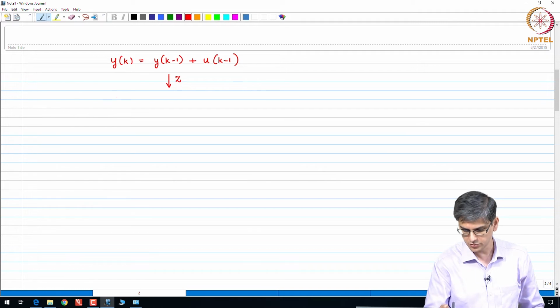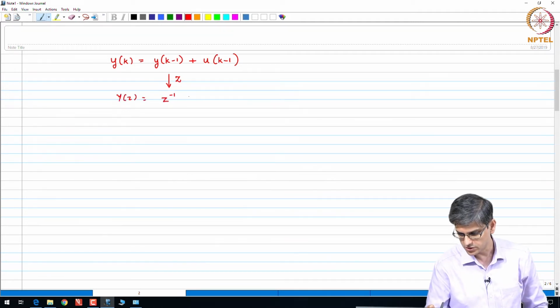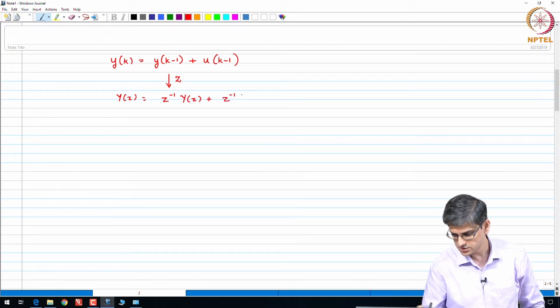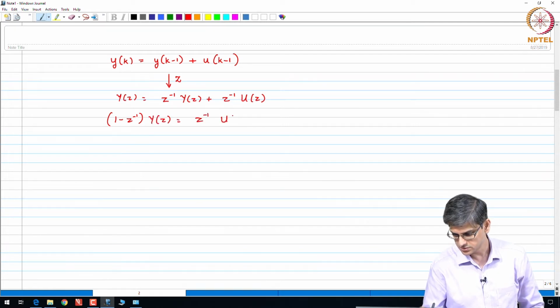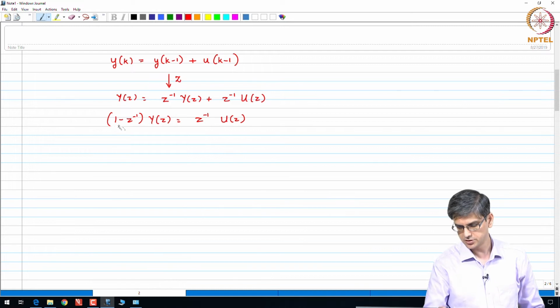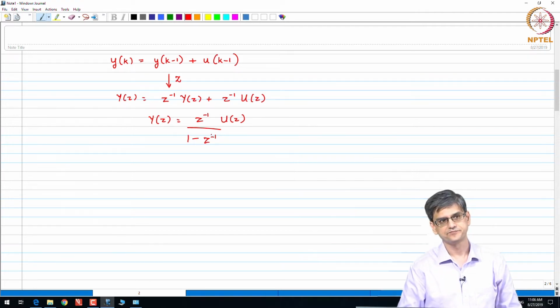We are going to get Y(z) equal to Z inverse Y(z) plus Z inverse U(z), or 1 minus Z inverse times Y(z) is Z inverse U(z). You divide this onto the right hand side, you are going to get 1 minus Z inverse.